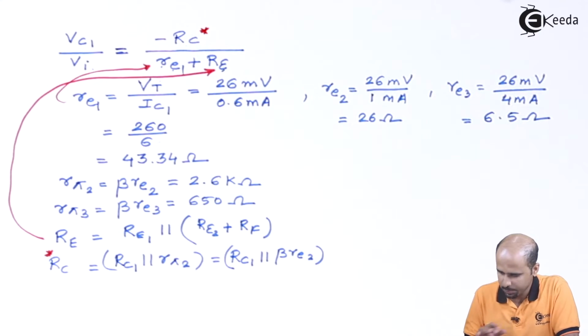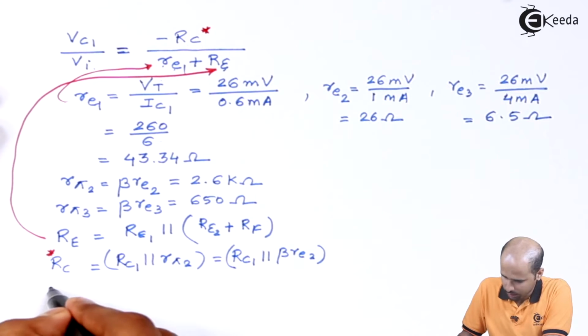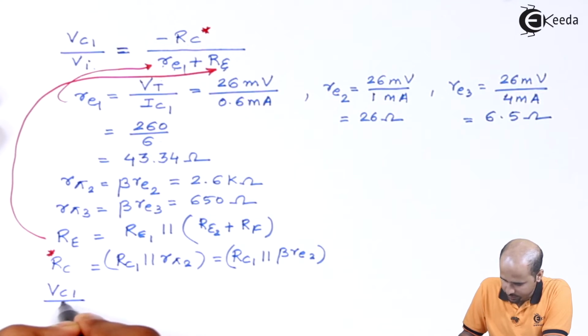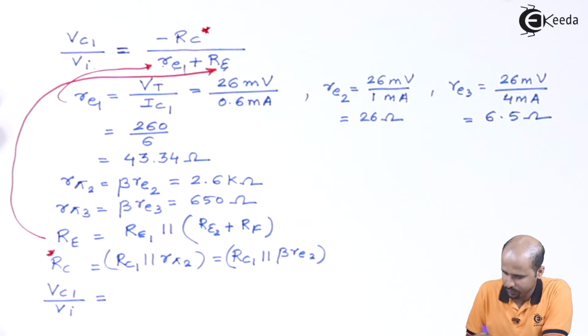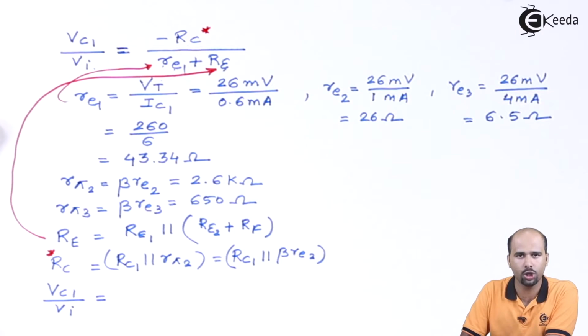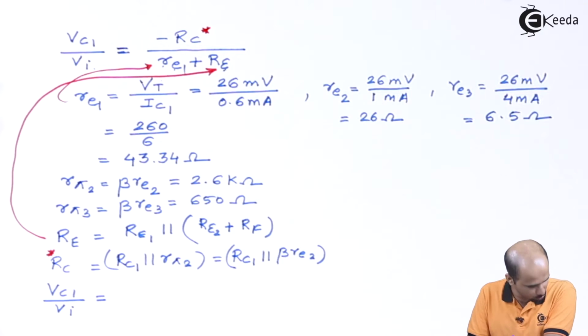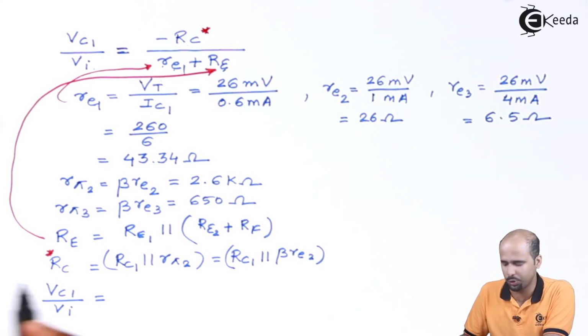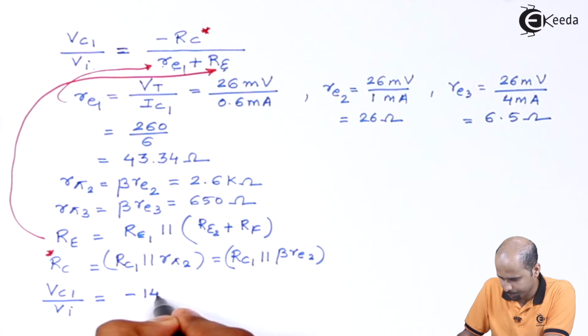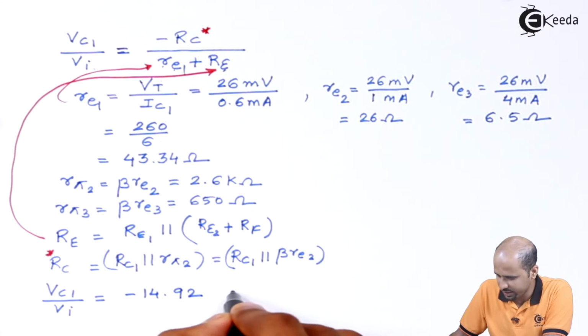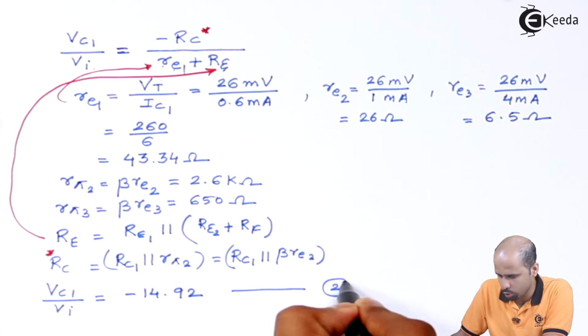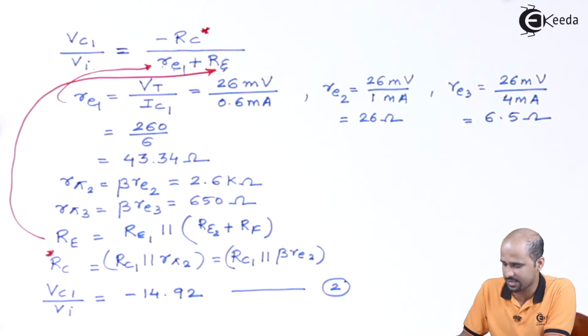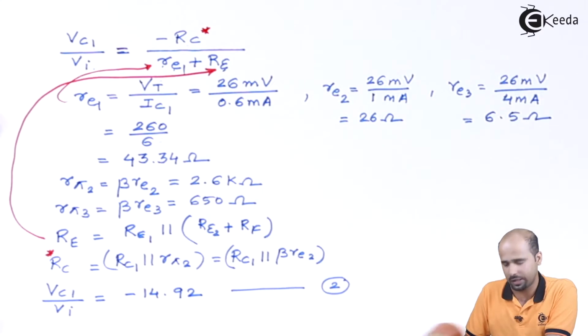With this calculation, we'll come to the conclusion of what will be the value of VC1 divided by VI. Just do your mathematical calculation and come to the value. That value is coming out to be minus 14.92. I will treat this as equation number 2. One we already have considered as the equation for feedback factor. Now the first part is over.